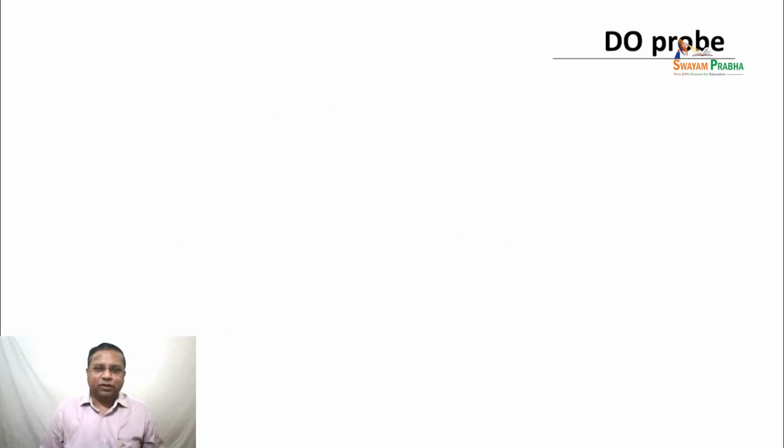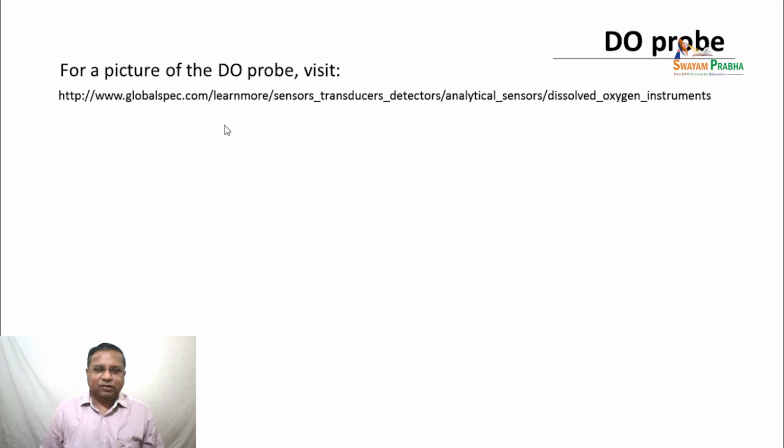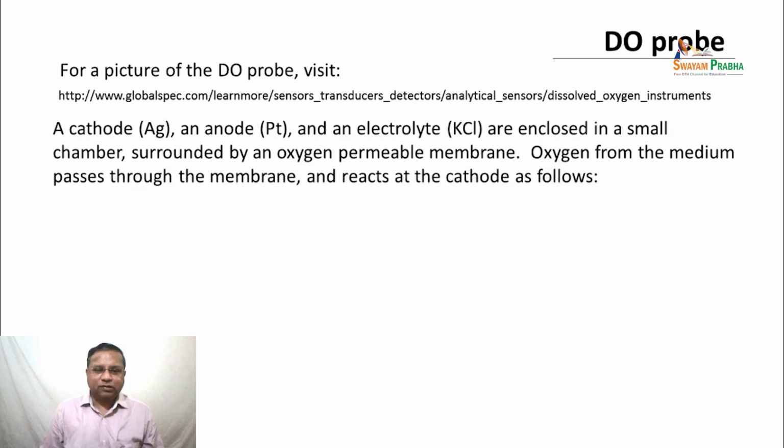The DO probe, the probe that is used to measure the dissolved oxygen level, for a picture you could visit this site. I think it is also given in your notes. It is an electrochemical probe. Therefore you have a cathode which is silver, an anode which is platinum.